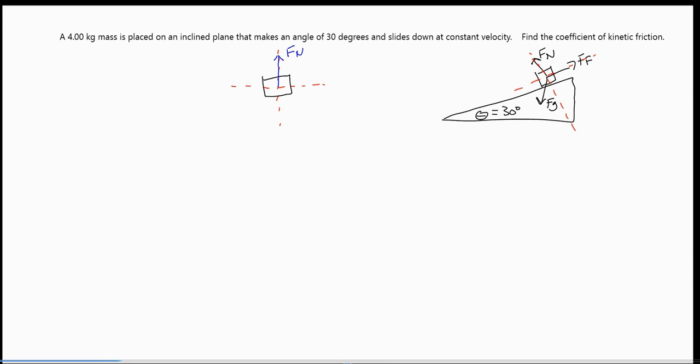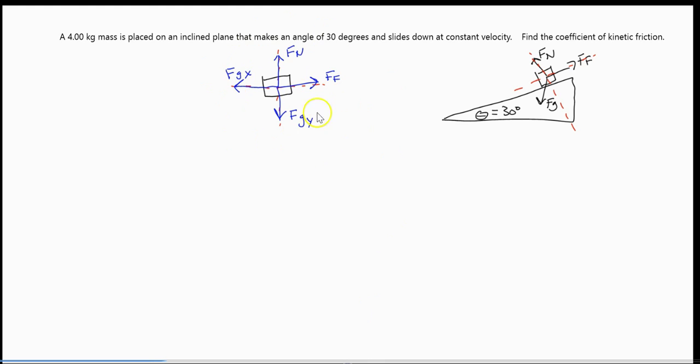So now I have a normal force which lies directly on my y-axis, a force of friction which lies directly on my x-axis, and two components of my weight, or my force due to gravity. There's another video where we talk about breaking up this Fg into the two components that lie on the axes, so if you're not sure how to do that, you should go watch that video.